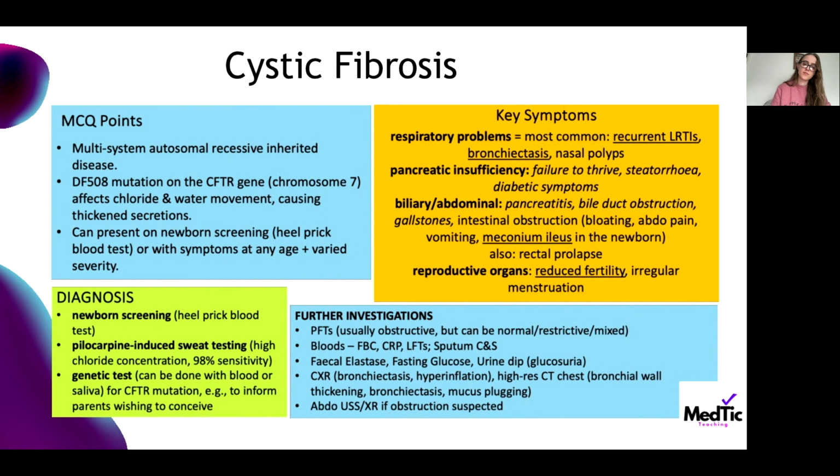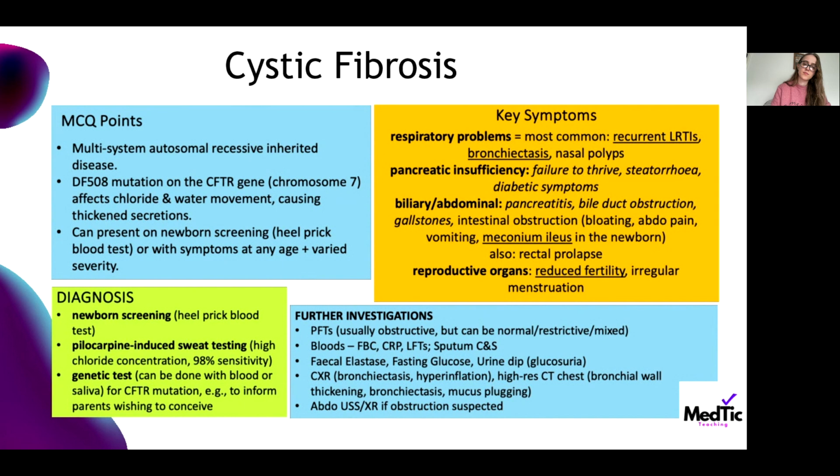It can affect the abdomen and the biliary tree, causing obstructions, stones, or in a newborn meconium ileus, or rectal prolapse. And unfortunately, as the child becomes older, it can become apparent that the reproductive organs are affected too, resulting in reduced fertility.